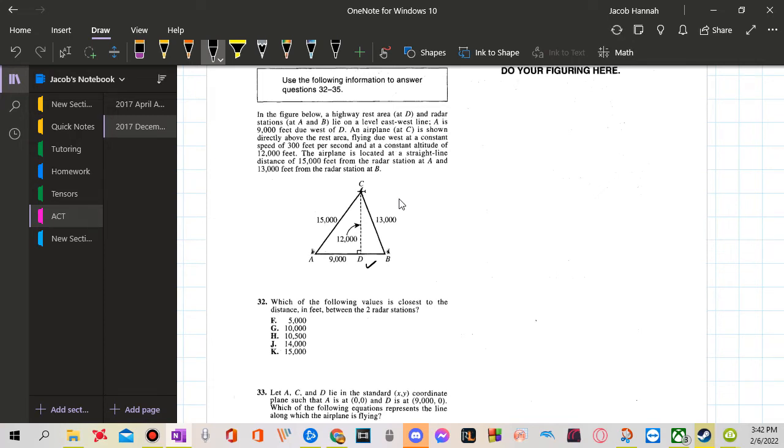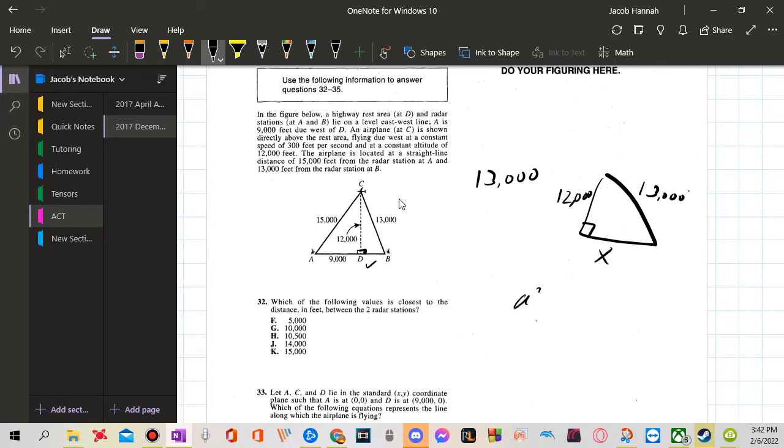If this is a right angle, then this is also a right angle. And we know this number, 13,000, and this number, and we know this number, 12,000. Right angle, what is this number?